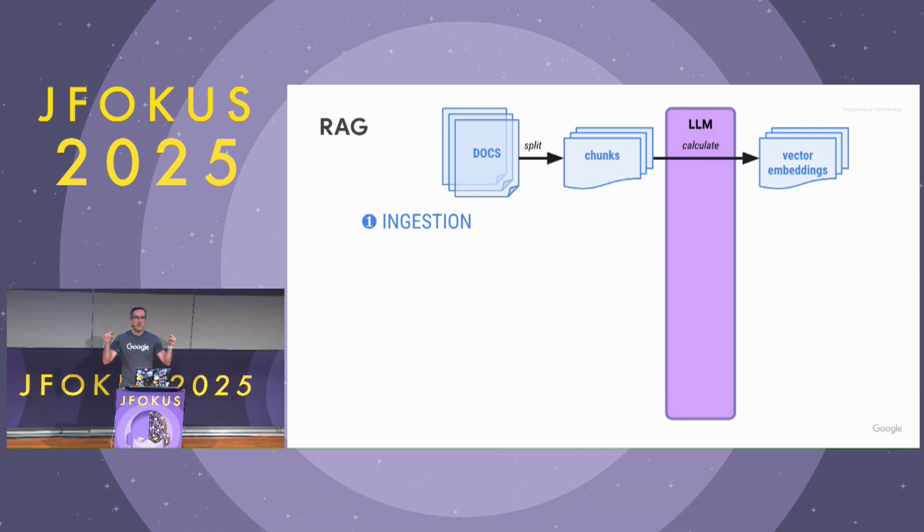That's a big floating point vector, which represents the semantics of the chunk of text. It's easier for LLMs to work with big vectors of floating point numbers. And then you store both the chunk of text and its associated vector in the database.